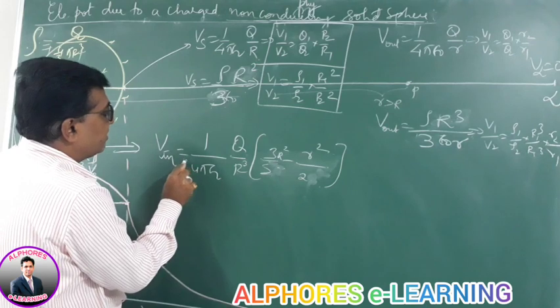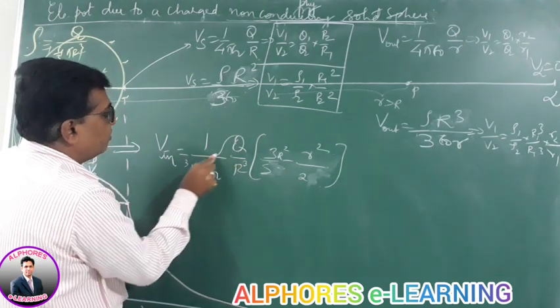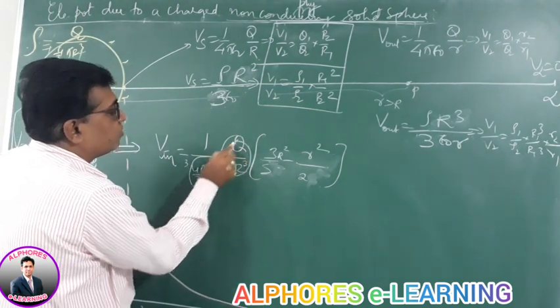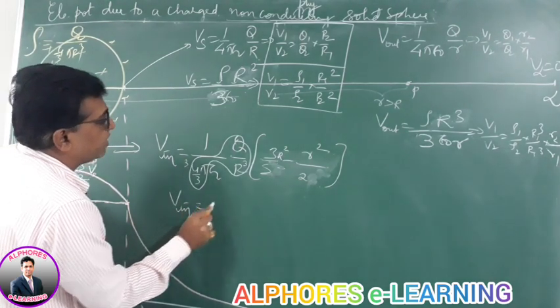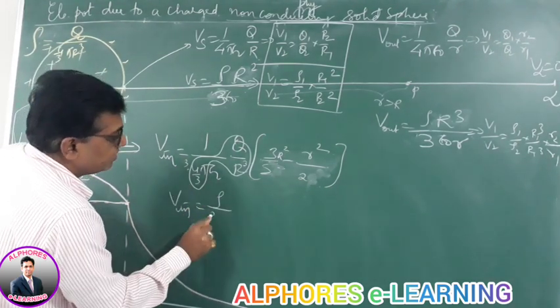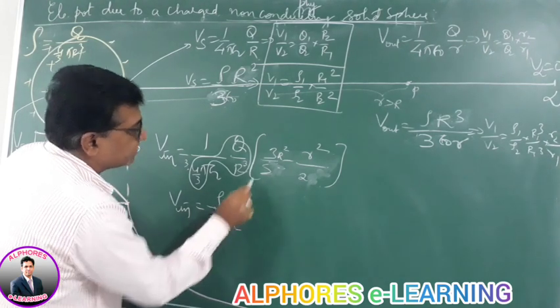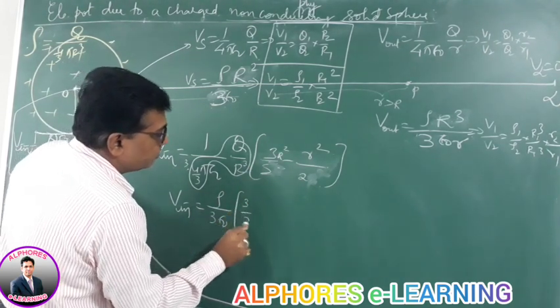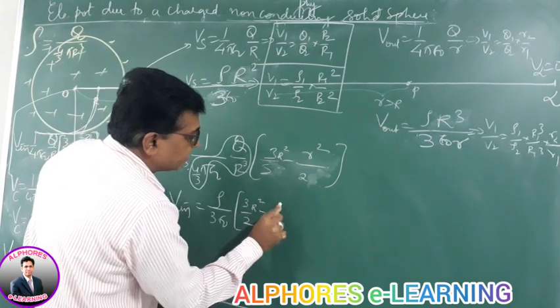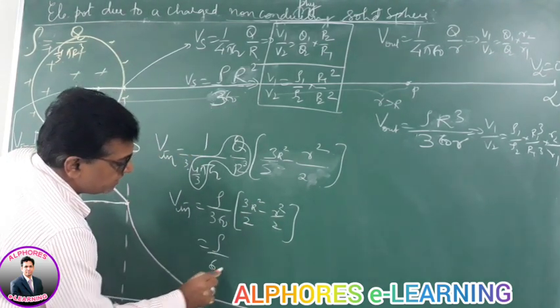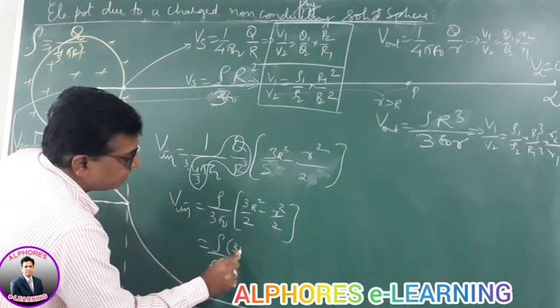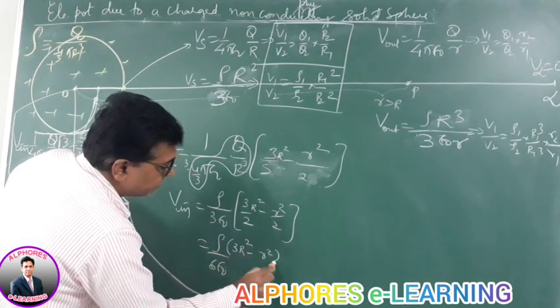Multiply 3 divided by 3. Q by 4 by 3 pi r cube is rho. So this is rho. So potential at any inside point I can write as rho by 3 epsilon naught bracket 3 by 2 R square minus r square by 2. Taking 2 also out, so 6 epsilon naught bracket 3 R square minus r square.